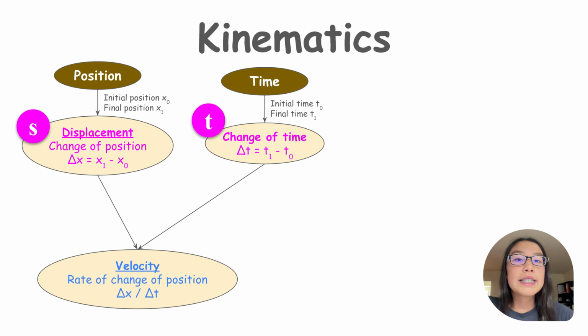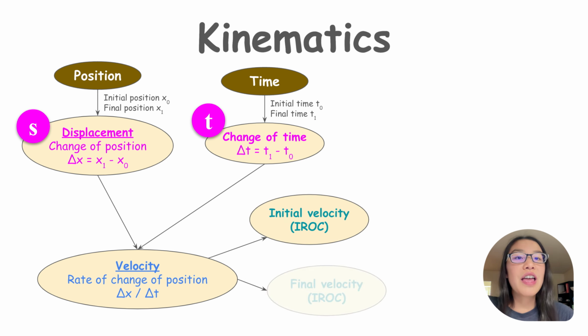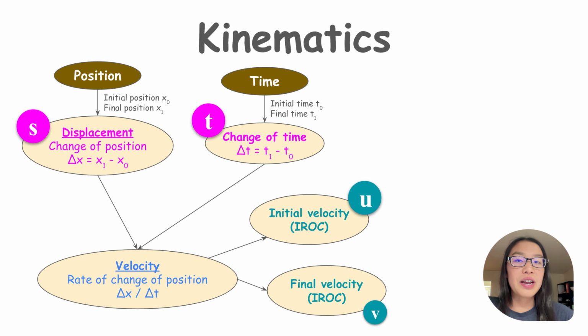When we use the instantaneous rate of change, or IROC, we can find the velocity at a specific moment, not just the average over a period. This lets us determine the initial and final velocities more precisely, giving us a clearer picture of how an object's speed changes at different points in time. We label the initial velocity as u and the final velocity as v.